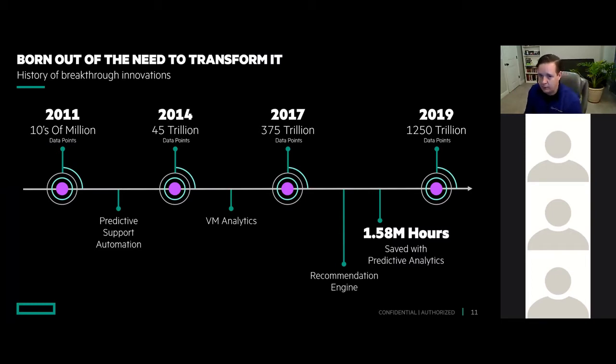And we almost have to look up new names for these numbers. As of last year, we had 1,250 trillion data points inside of our data lake that we're using to run simulations and scenarios against, to identify and proactively solve problems for our customers before they become problems.